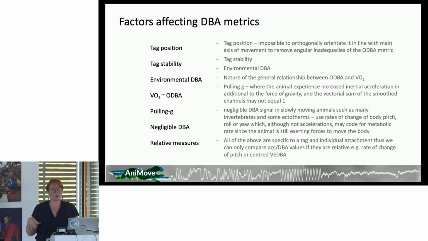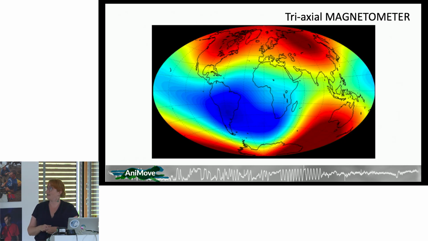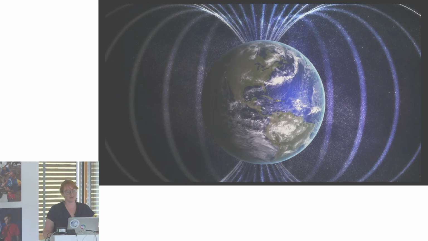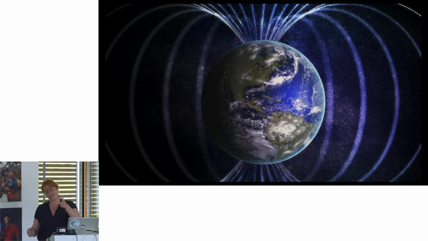All of these issues are why we might use a different sensor to tell us about behavior, and that's where the magnetometer comes in. The magnetometer is exactly the same as the accelerometer in that it is sensitive to these 3 axes and 2 planes of movement, but it has a different origin, or the sensitivity is to the north, the magnetic north pole, and because of that, it's no longer in parallel with what is usually our operational plane.